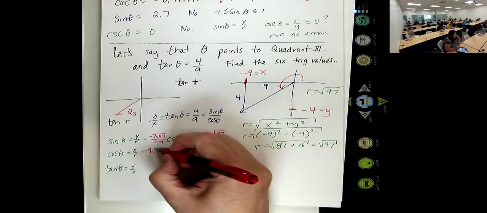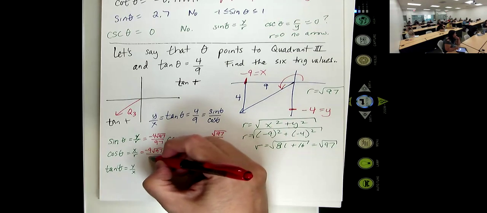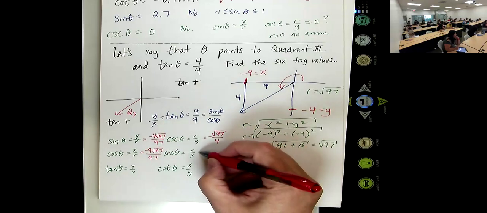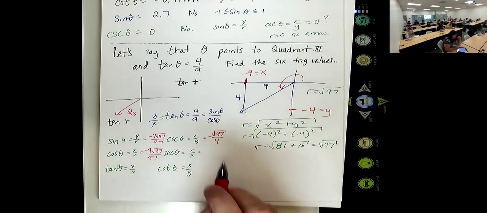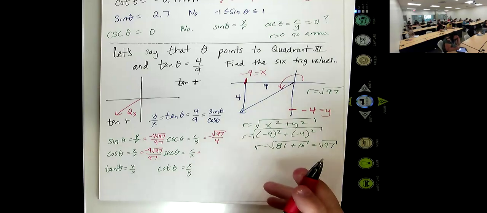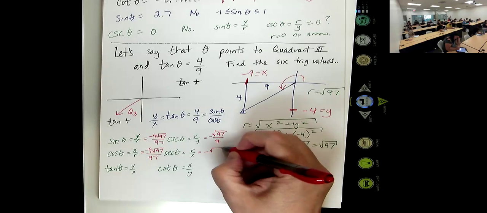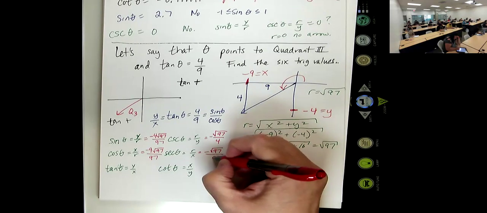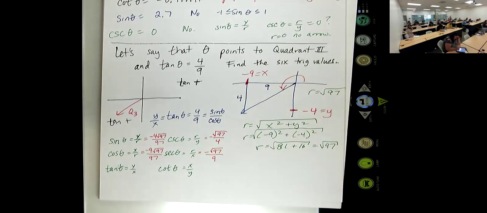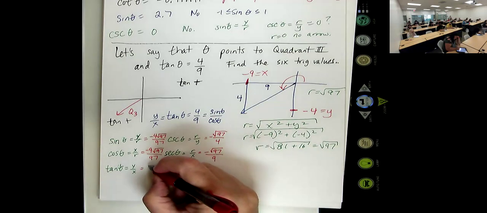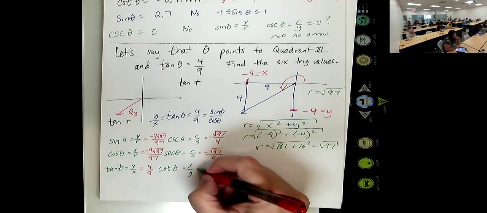And -9 root 97 over 97. I know, it's not the most exciting part of math, having to get rid of that square root on the bottom. And that one was easy, we already had 4/9, so this one is just 9/4.